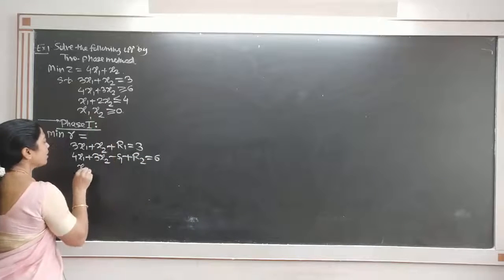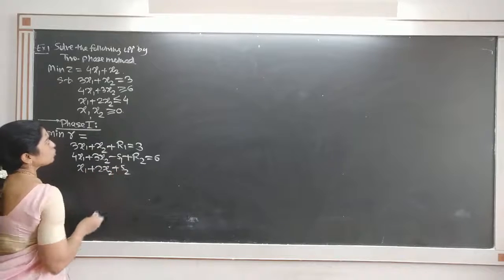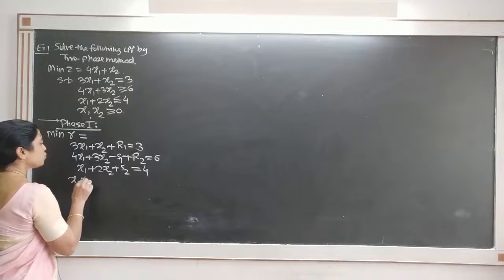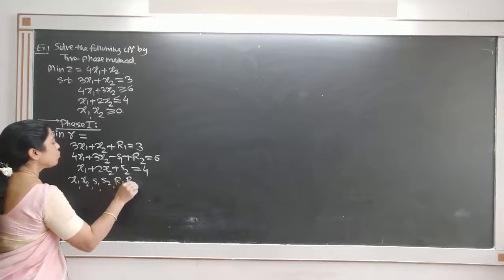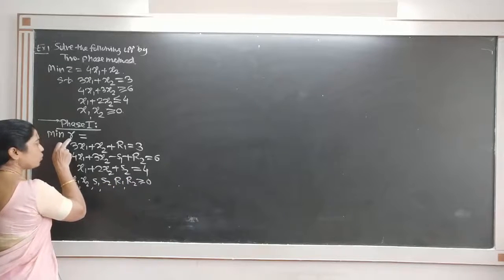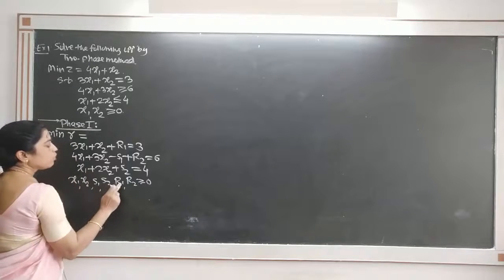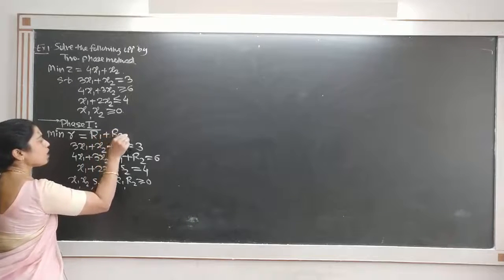And third, add slack: x1 plus 2x2 plus s2 is equal to 4, with x1, x2, s1, s2, r1, r2 all greater than or equal to 0. And because we want R to be the sum of artificial variables, now there are two artificial variables and therefore the sum is r1 plus r2.